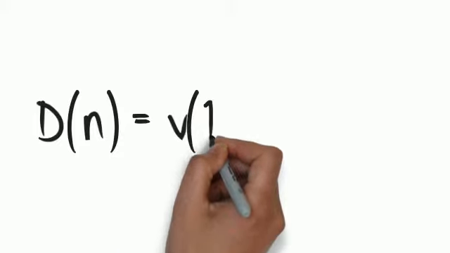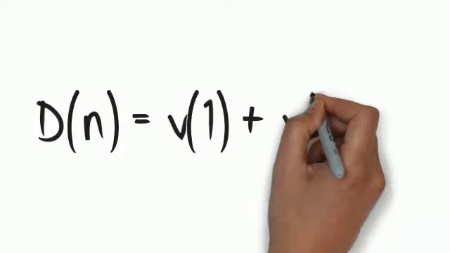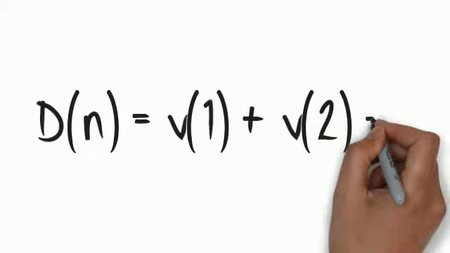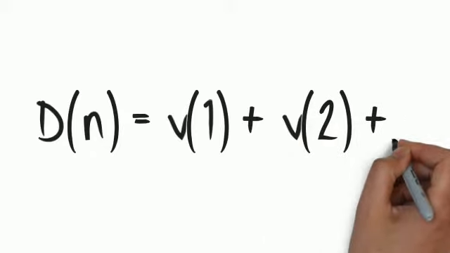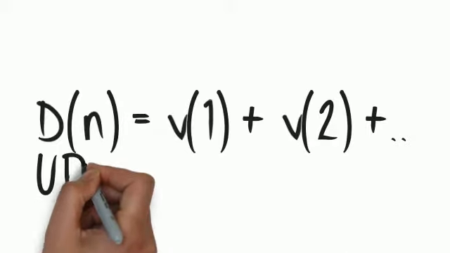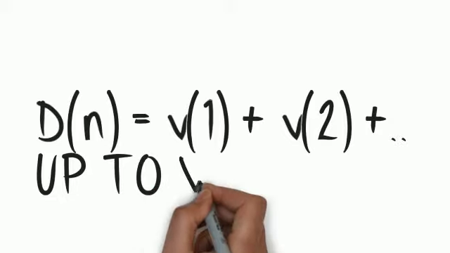What this is saying is that D of n is the discounted value of payments of $1 to be made over the next n years. That's quite fundamental.